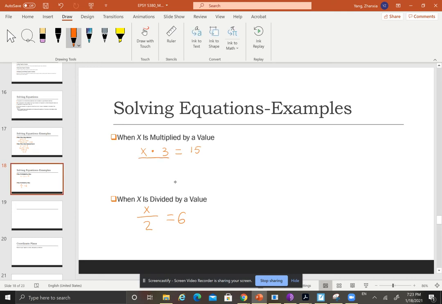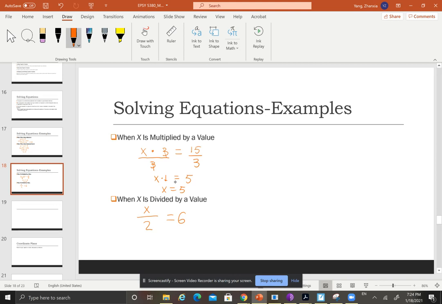I'm just going to use the fraction division sign, divided by 3. This way, these 3s will cancel out. Then it will only be left with x times 1, which is x, right? And 15 divided by 3 is 5, which is x equals 5.